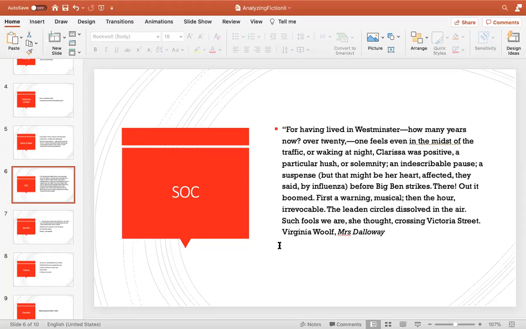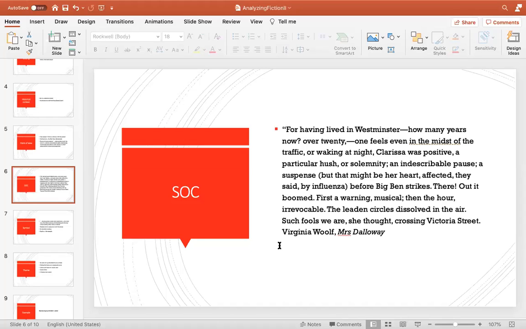But that might be her heart affected, they say, by influenza, before Big Ben strikes. There, out it boomed, first a warning, musical, then the hour, irrevocable. The leaden circles dissolved in the air. Such fools we are, she thought, crossing Victoria Street.